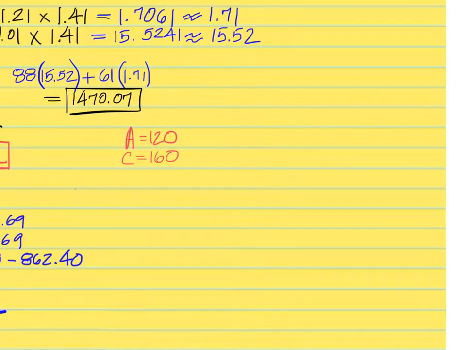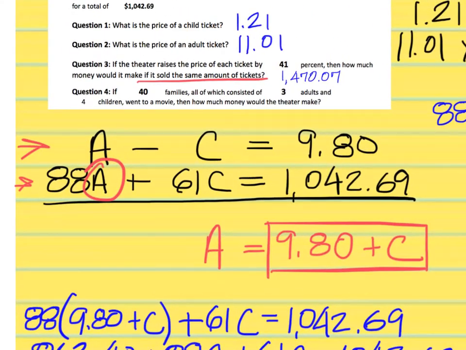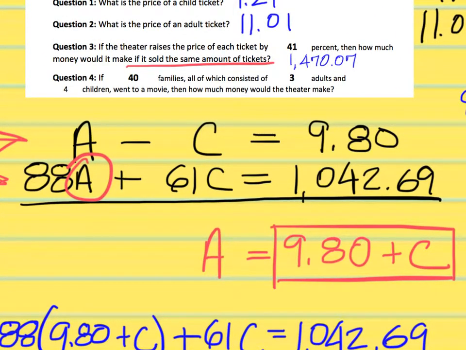So let's look at the question again. How much money would the movie theater make? Notice in question 3, it says if. If the theater raises the price of each ticket by 41%, then what would the movie theater make?